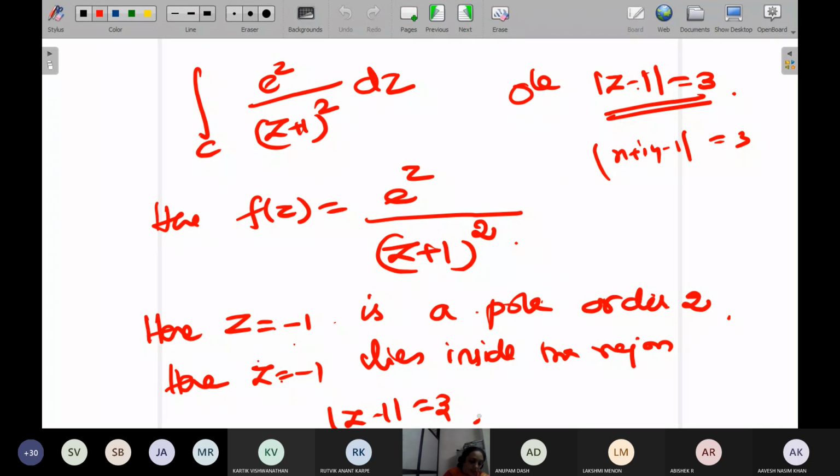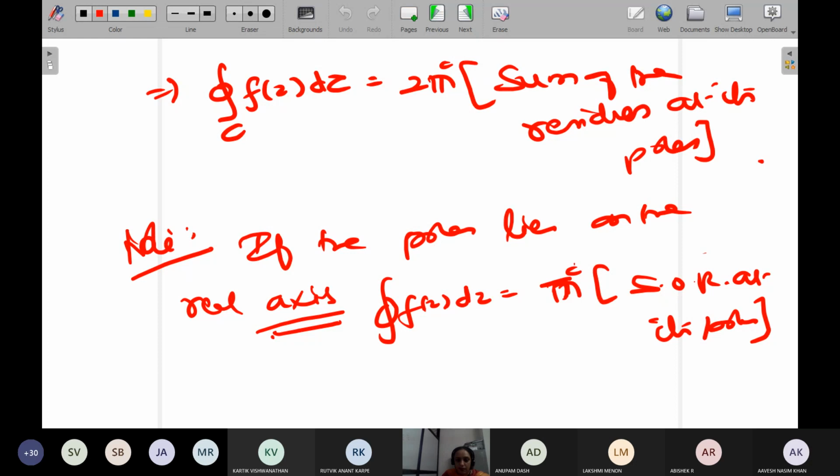Okay, I missed one more term here. Actually, the intended contour will be like this. Better I will give this term again later.